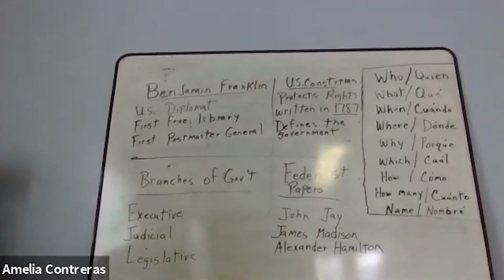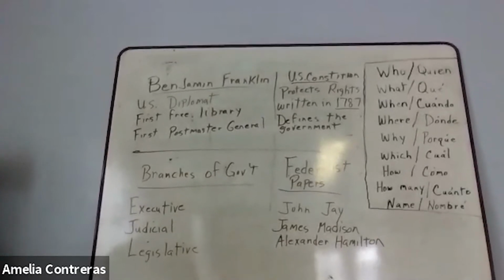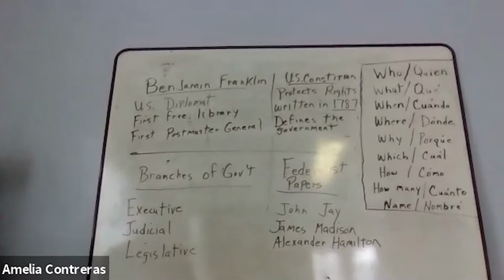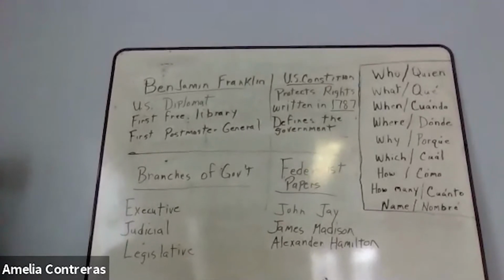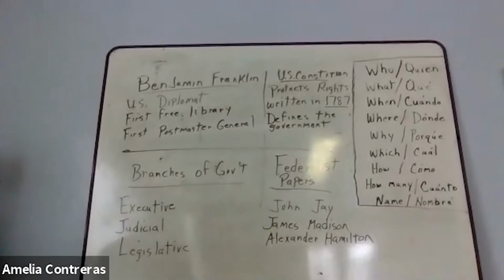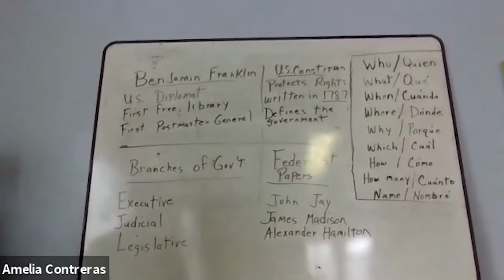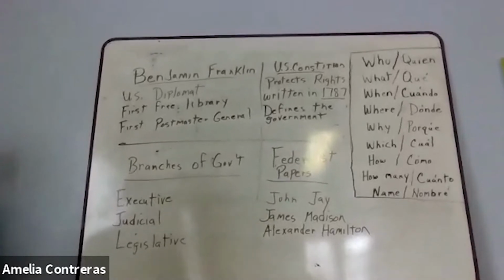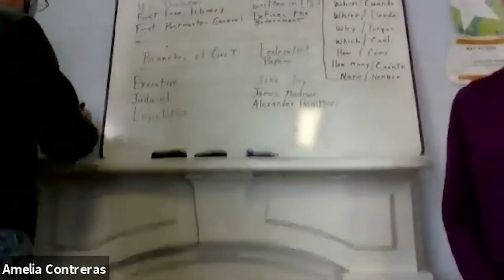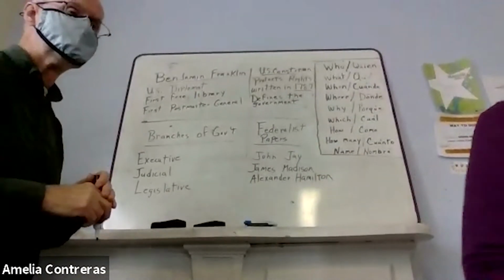The U.S. Constitution protects the rights of Americans. It was written in 1787. It defines the government. The Federalist Papers were written by John Jay, James Madison, and Alexander Hamilton. Thank you. That's yours.